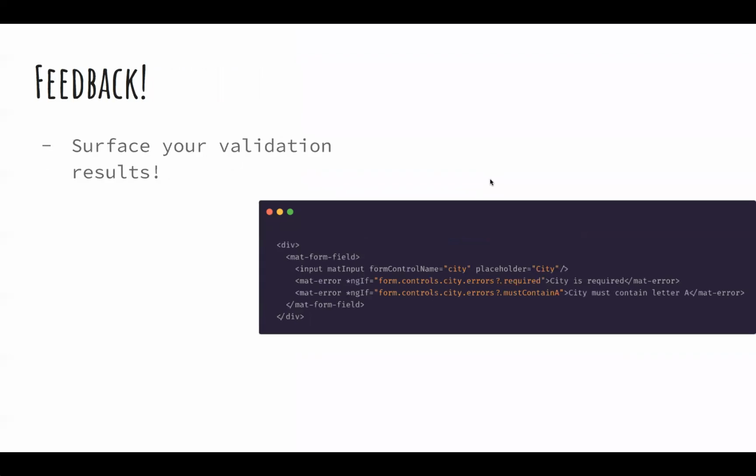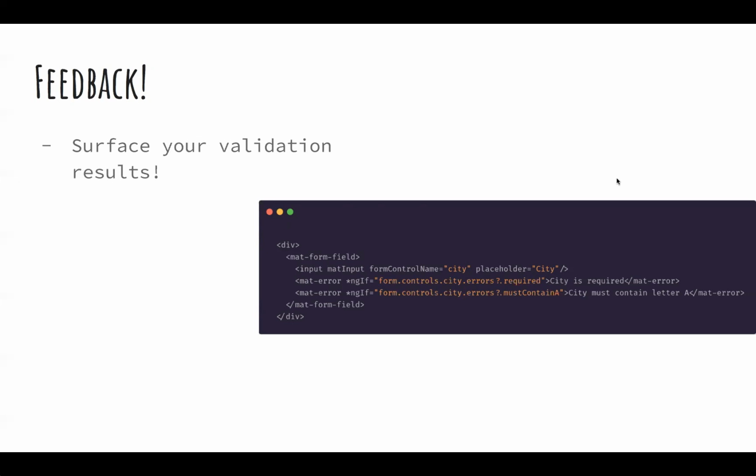We should always be trying to feed back validation errors as soon as possible to the user. It makes it quicker and easier for the user to identify what's wrong with the form, and they can fix it as soon as possible. It's just a nicer user experience. So all we need to do is check for the existence of the key that we gave our validator, which is must contain A. If it exists, we know that our validator has failed.